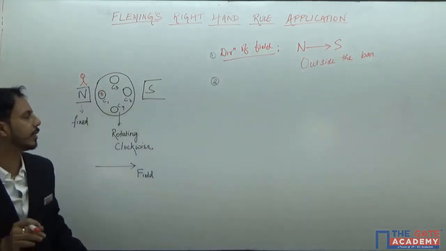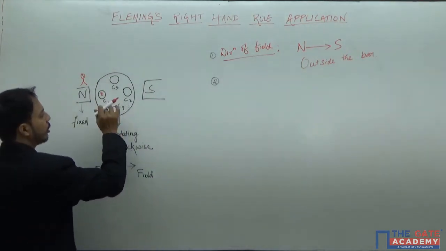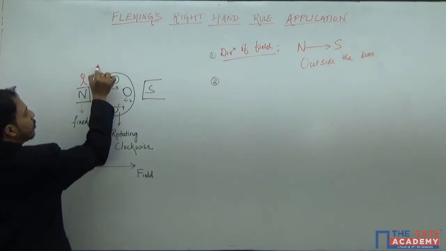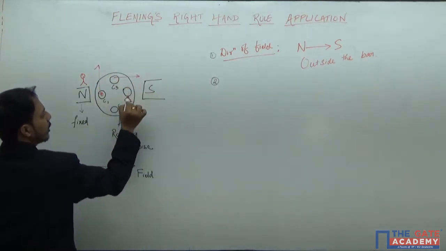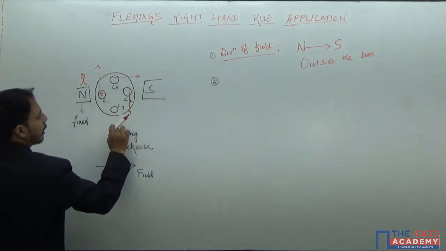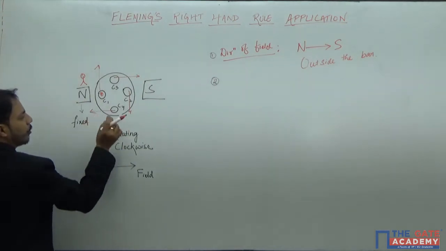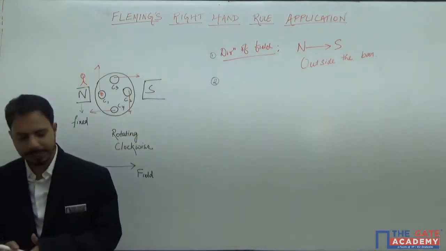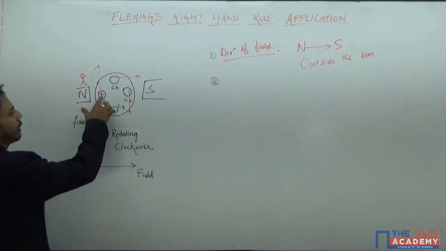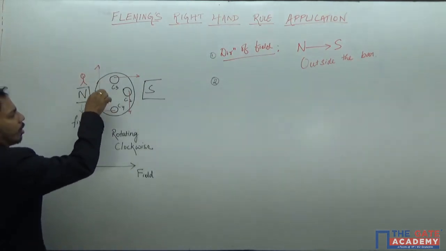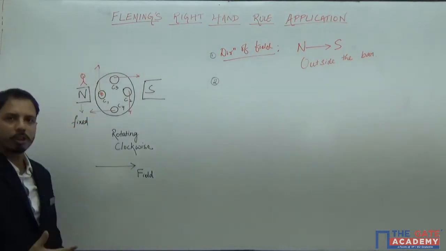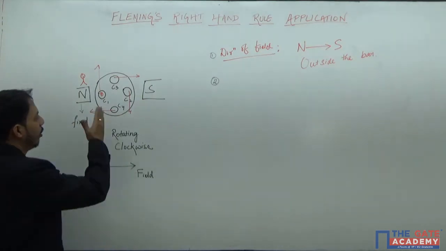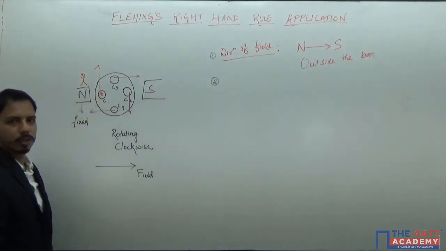Instantaneous direction means at this particular situation, this conductor is moving this side, this one is moving this side, this conductor is moving this side, and this conductor is moving this side. This case is simple. So the direction of the motion, or you may say force, is upwards for C1.